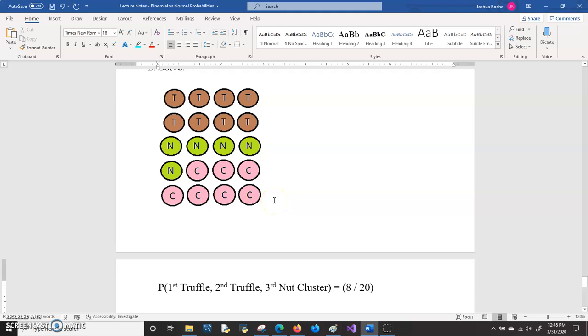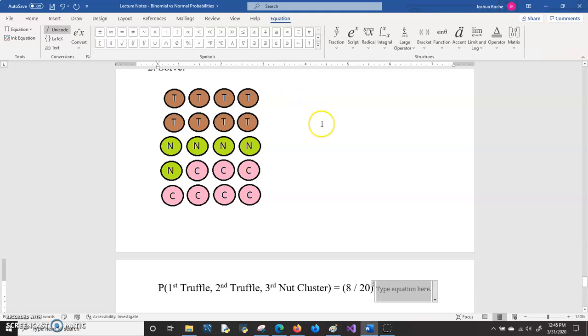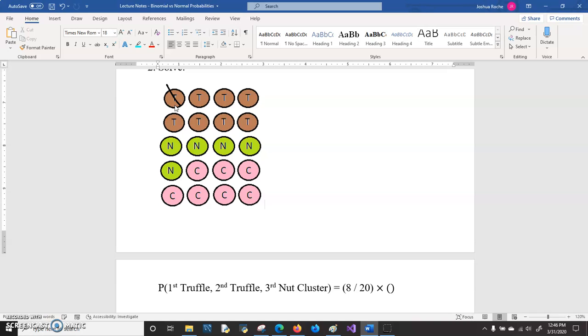So that's 8 out of 20. Now we'll multiply. And let's suppose that we've picked out a truffle from these chocolates. We're not going to pick that truffle again. We've already taken it out.